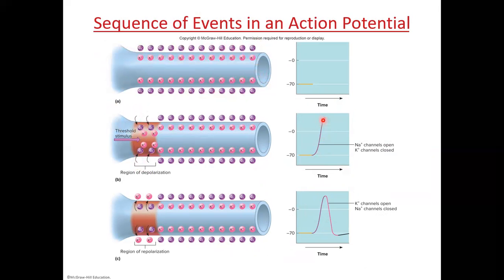That's where you get the depolarization first. The sodium ions rush in, and then the potassium ions rush out, and then you get the repolarization. And this happens and it shifts itself down the axon, and it happens like in waves.